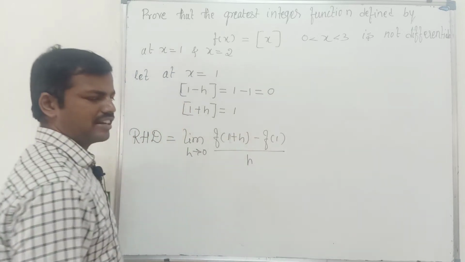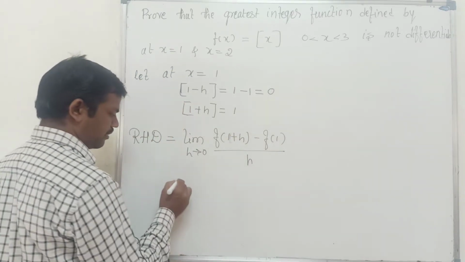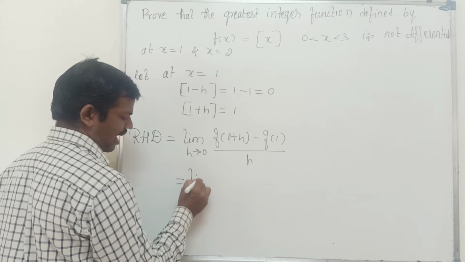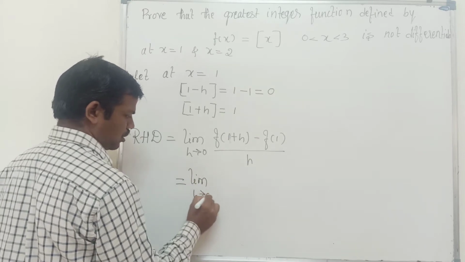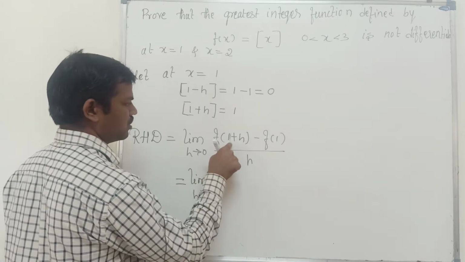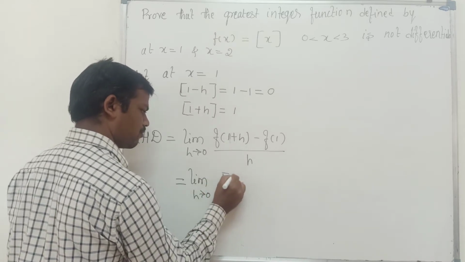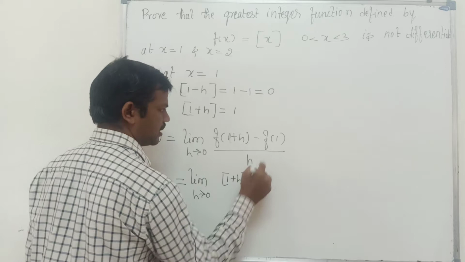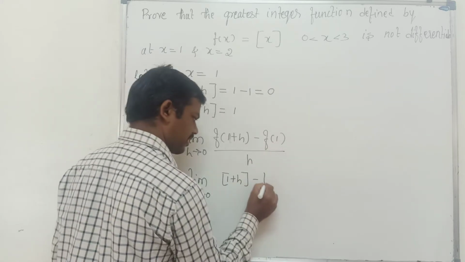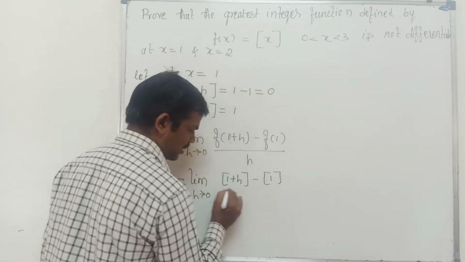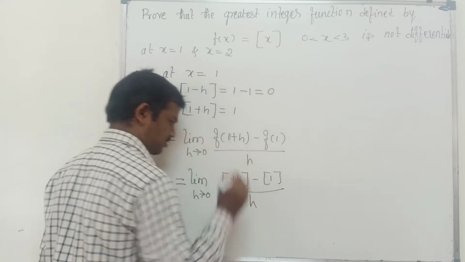This is the right hand derivative formula. So the limit as h tends to 0 of the greatest integer of 1 plus h minus the greatest integer of 1, divided by h.